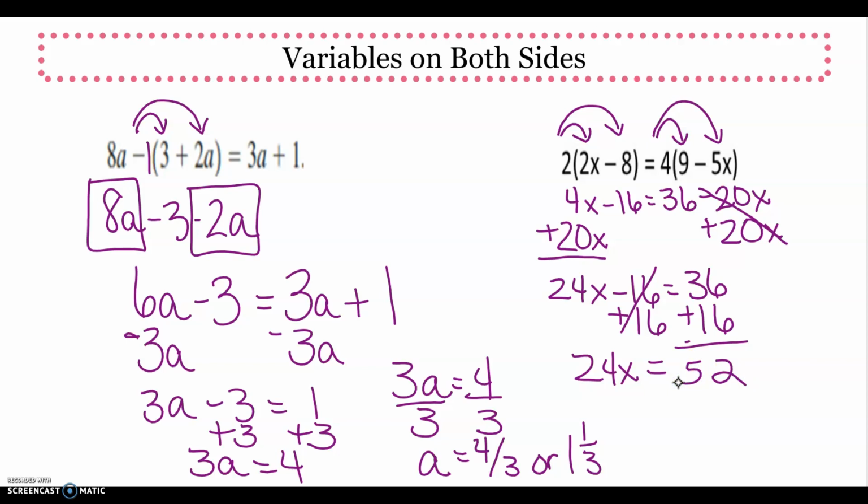All right, my last step is to divide by 24. So x is equal to 24 will go into 52 2 times. That gives me 48. So 4 left over 24. That will simplify. So x is equal to 2 1/6.